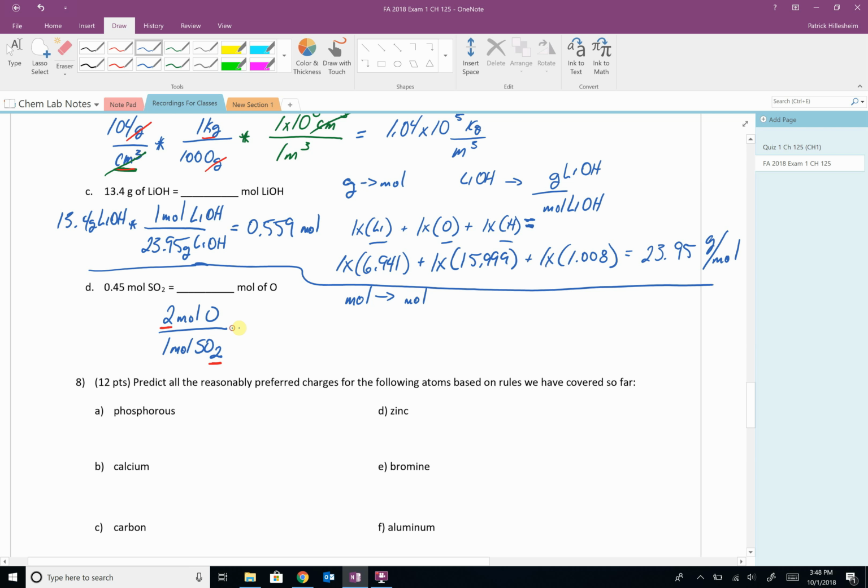Now we just plug in the rest of it. 0.45 moles of SO2. Let me just erase this to get it out of the way. Our units cancel out, moles of SO2 with moles of SO2, and so 0.9 moles of oxygen.